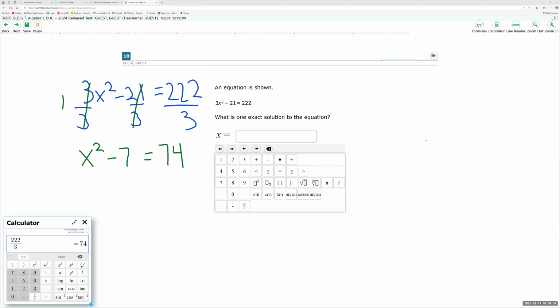Sorry, I need to solve for x, so I need to get rid of the negative 7. So x squared, I'm going to add 7 to both sides. It doesn't matter where I write the 7. I'm adding 7 to both sides. This is 0. And this is 81.